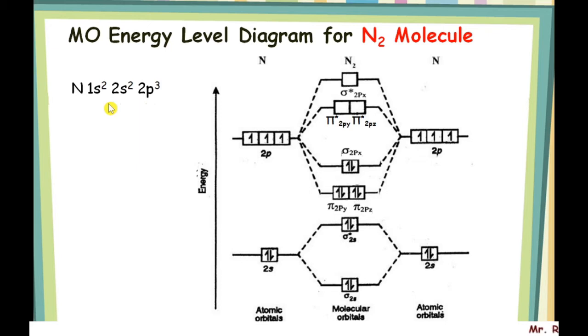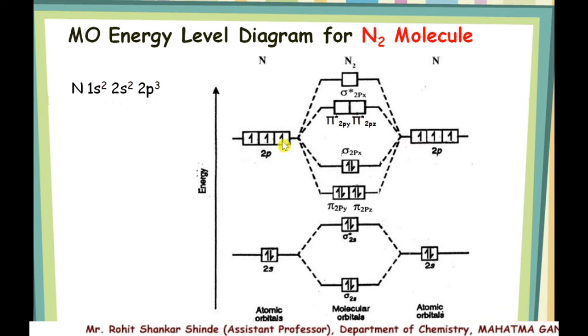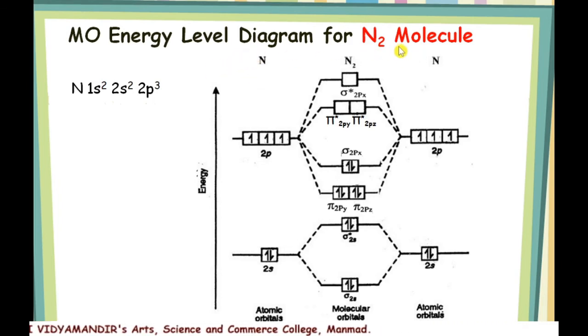The 2 2s orbitals and 6 2p orbitals of 2 nitrogen atoms, that is total 8 atomic orbitals, combine and they form 8 molecular orbitals. So in case of N2 molecule, 7 plus 7, total 14 electrons are there.